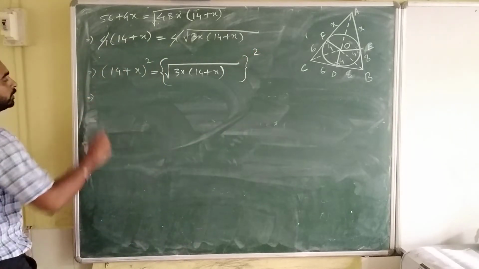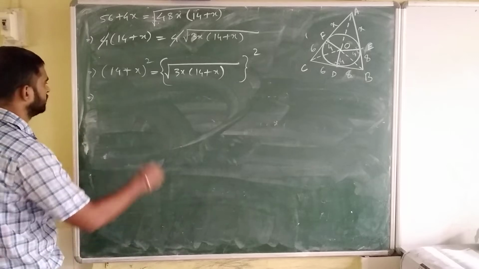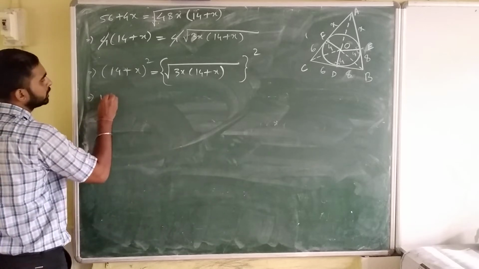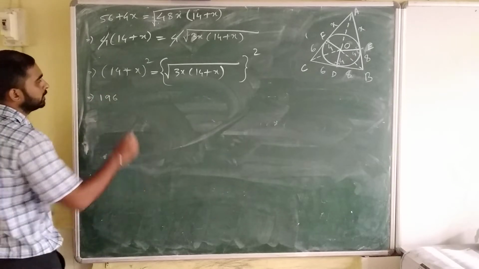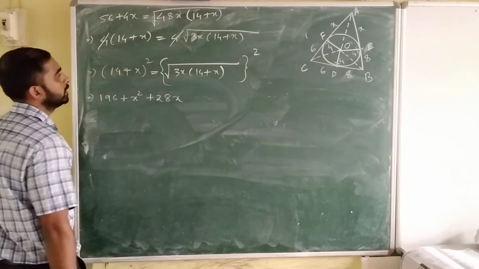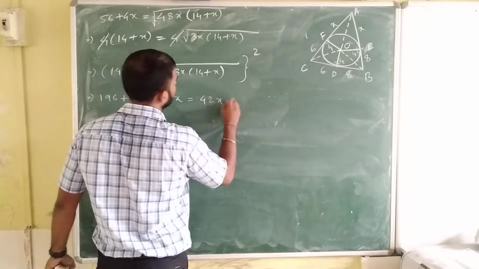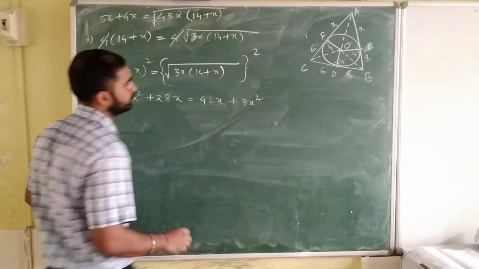This is a plus b whole square. 196 plus x squared plus 28x equal 42x plus 3x square.